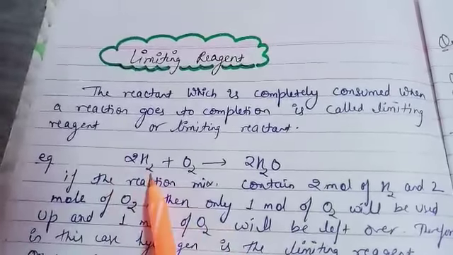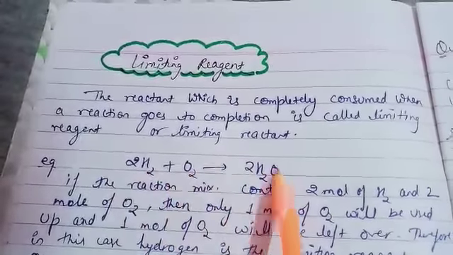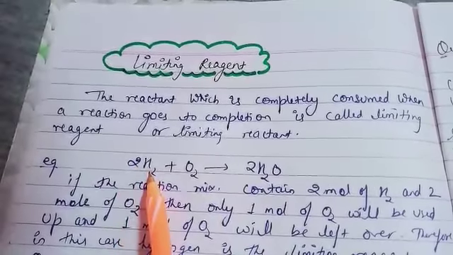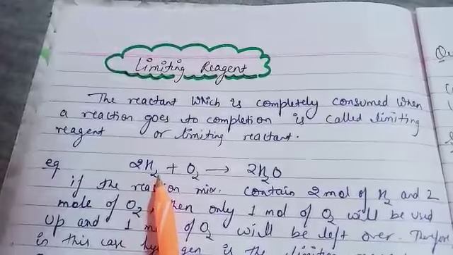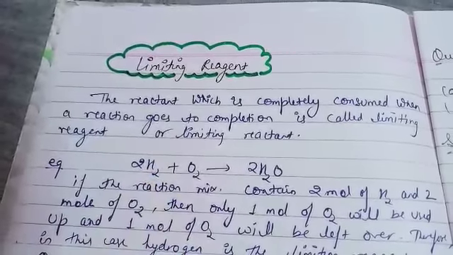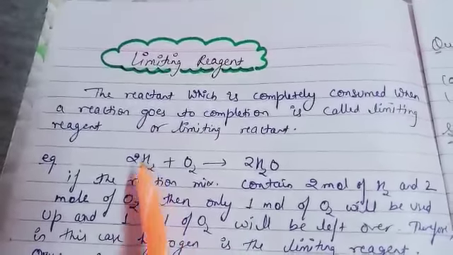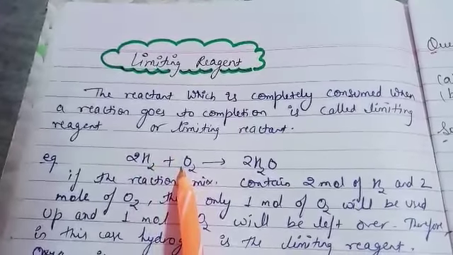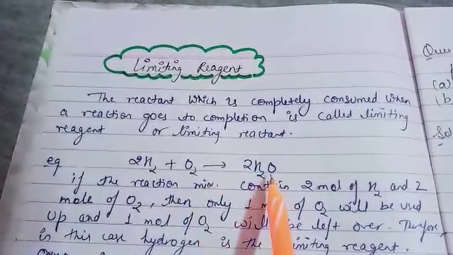For example, just see, it's a general example. 2H2 plus O2 gives 2H2O. This shows that two molecules of hydrogen, or it's two volumes, as we have done in Avogadro's law, react with one molecule of oxygen and give two molecules of H2O.